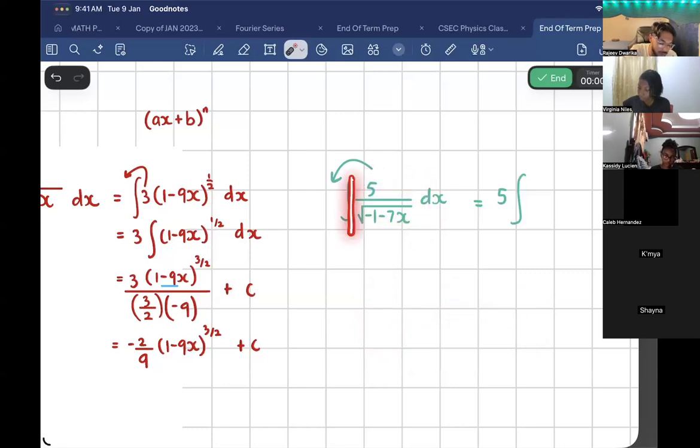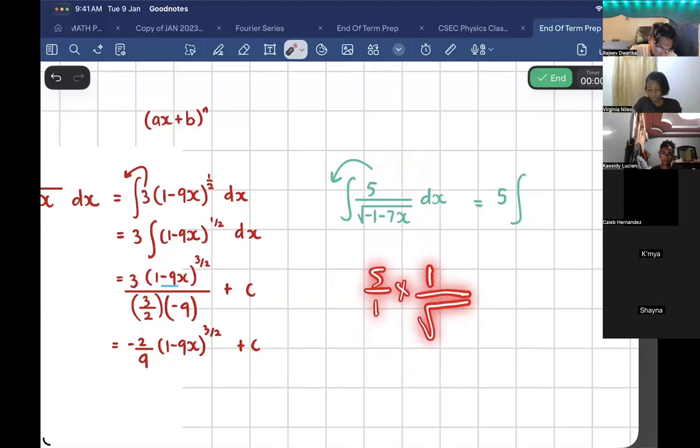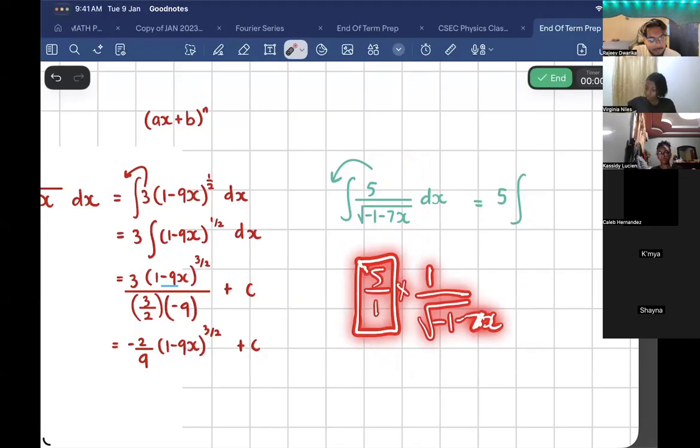What can I write this function as, using that same concept? 5/1 multiplied by root -1 minus 7x over 1. Right. Now, this part over here, are there any variables in that part? No, sir. So when I integrate, it'll just be 5 times what I integrated, if you understand what I mean.